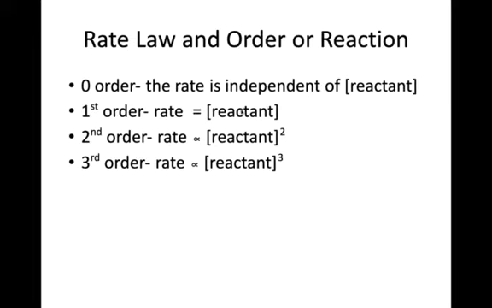First order, if we double the reactant concentration, we double the rate. Second order, if we double the reactant concentration, we quadruple the rate, 2 squared. Third order, if we double the reactant concentration, the rate would increase by a factor of 8, 2 cubed.